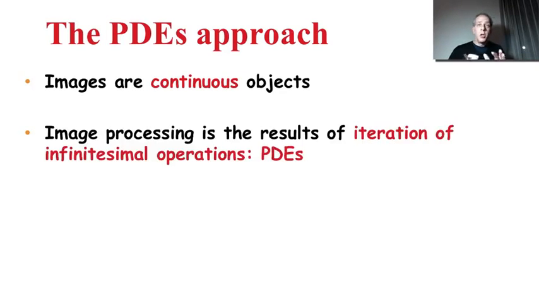And then you are going to be talking about image processing as iterations of infinitesimal operators, things that happen at very, very small scale. We iterate them, and when we are iterating them, we actually get these partial differential equations. Once again, if you don't remember exactly what they are, we're going to explain that in the next videos.